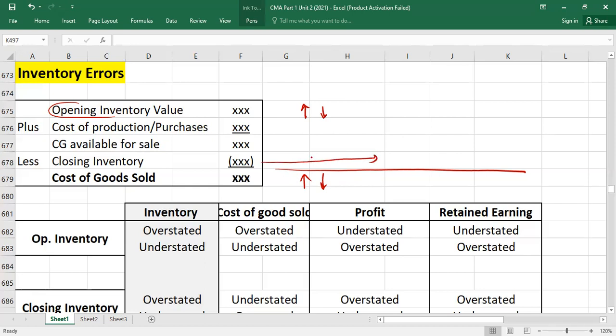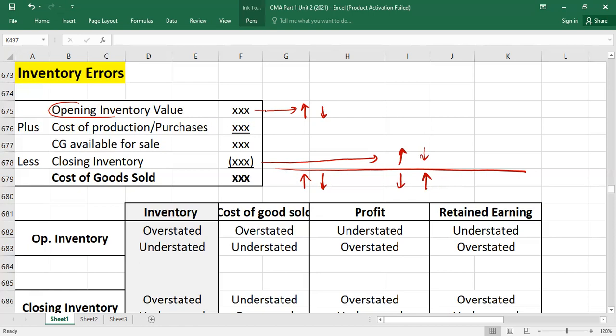Now I'm explaining with the closing inventory. What will happen with the closing? This was with the opening. Effect on cost of goods sold: if your closing inventory is overstated, you are deducting closing inventory from the cost of goods sold, so you are going to deduct a bigger value because it is overstated. Obviously, cost of goods sold will be understated. If your closing inventory is understated, you're going to deduct a small value, so it is going to increase your cost of goods sold. So notice one thing here.